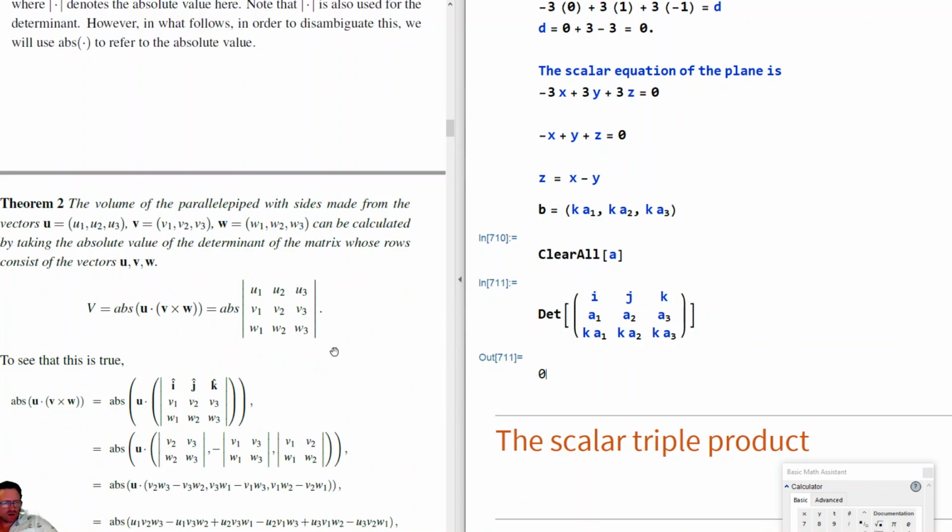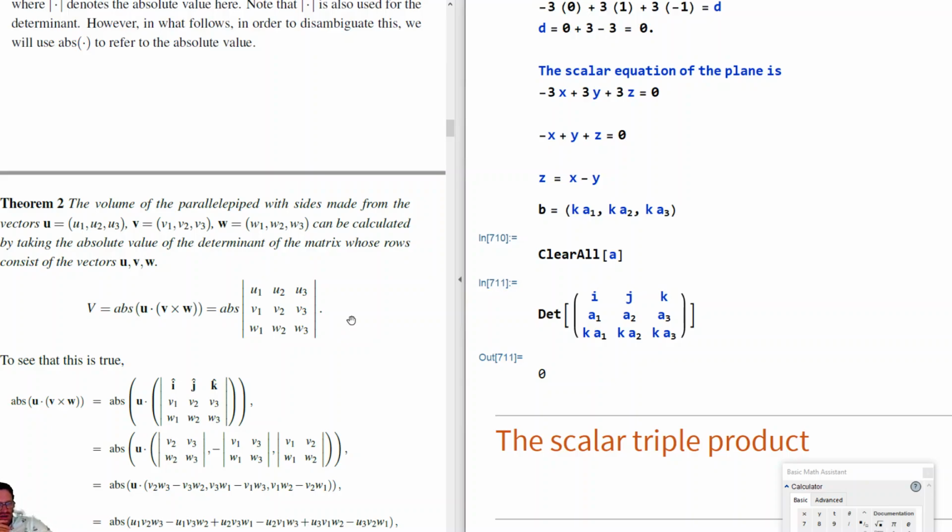The volume of a parallelepiped with sides made from the vectors u, v, and w can be calculated by taking the absolute value of the determinant of the matrix whose rows consist of the vectors u, v, and w. Okay, so in other words, you just calculate the absolute value of the determinant. Now here's why we have the words ABS rather than absolute value, because we're also using the vertical bars for determinant there.